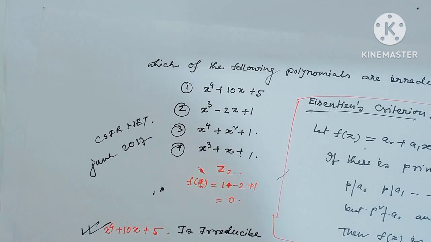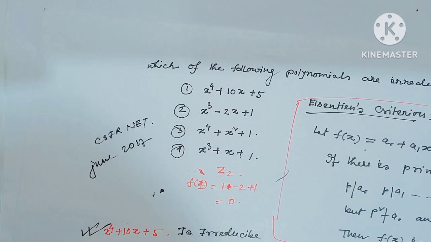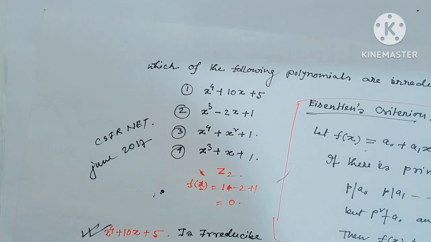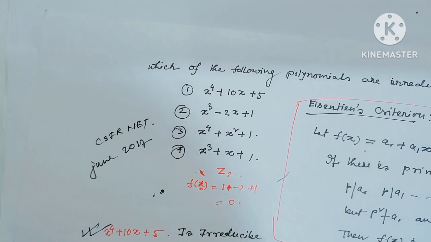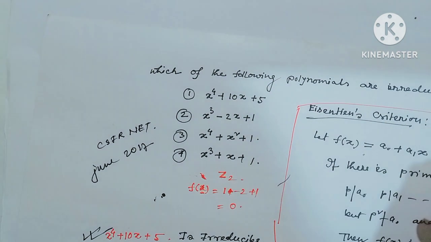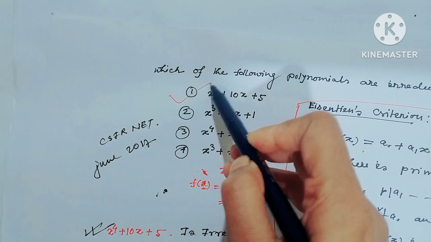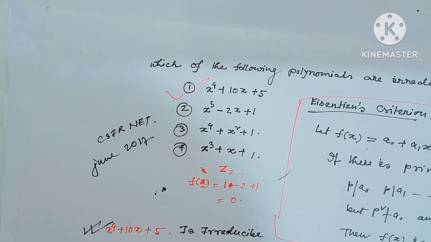So in Z2, f of 1 has a root. Since it has a root, obviously this polynomial is reducible in Z[x]. And here the question is, which of the following is irreducible in Z[x]? Option 1 is right, but option 2 is not true.